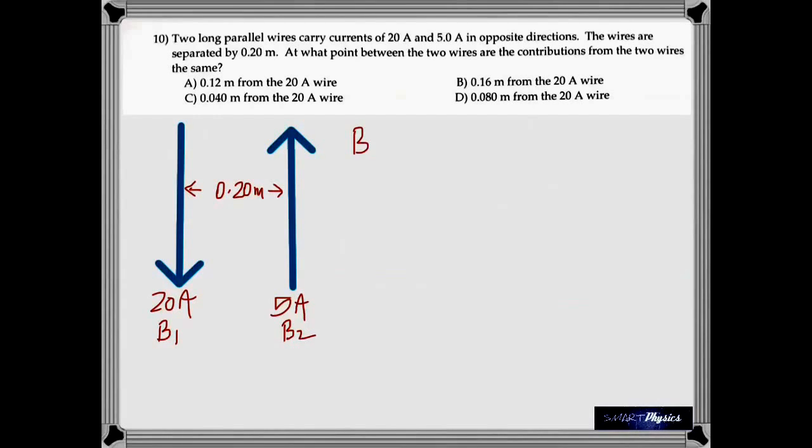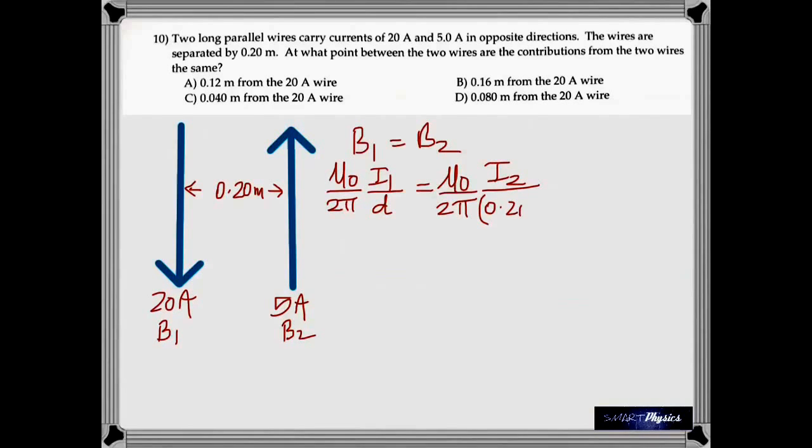The strength of the magnetic field is given by mu naught by 2 pi I by d, and here the two have to be equal, so B1 is equal to B2. Cancel the terms, similar terms from both sides.